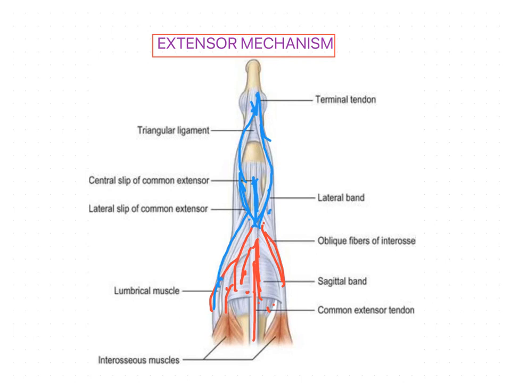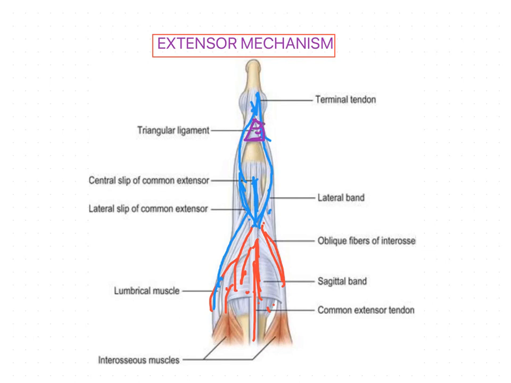Now we are seeing this as a dorsal view. Dorsally, these two tendons are interconnected by a triangular band of superficial fibers known as the triangular ligament or transverse retinacular ligament.